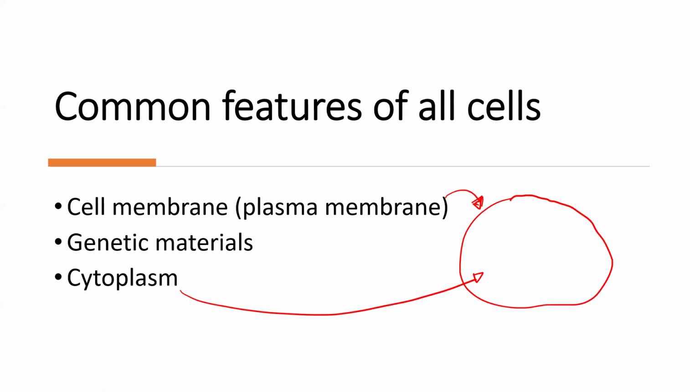It has some fluid inside, which we call cytoplasm. And in the cytoplasm, you will have some genetic material, like DNA. So regardless of what cells you are looking at, they will always have these three things. A bacterium would have them, a plant cell would have them.